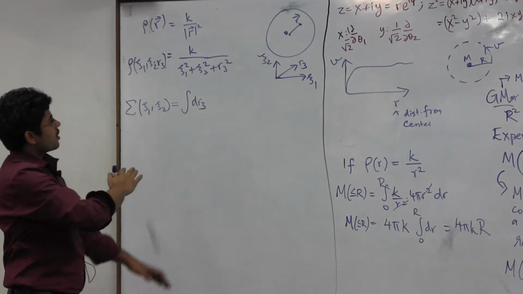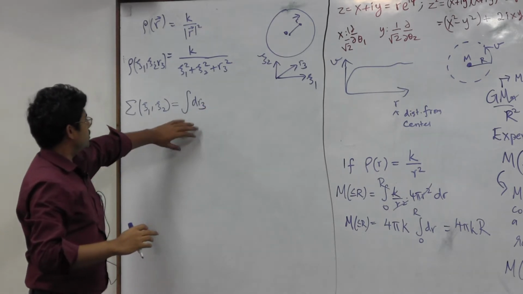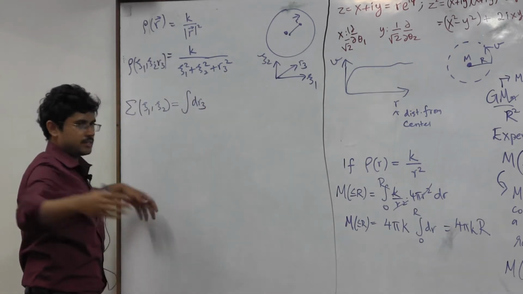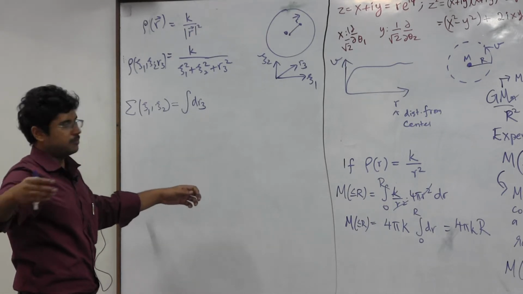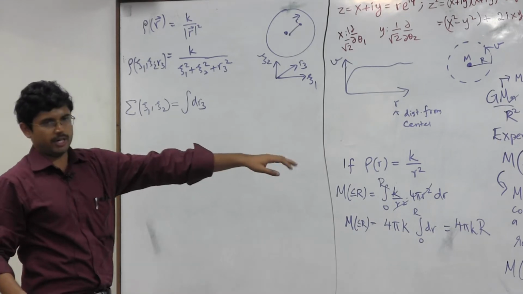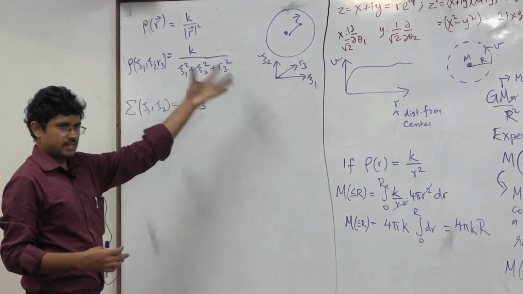So you can assume that we are going to integrate from minus infinity to infinity, because as you go very, very far away from this object, the density is very low. It goes as 1 over r square. So I don't really have to know the size of this object.